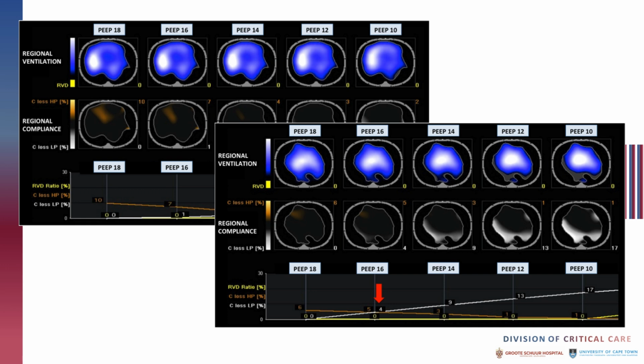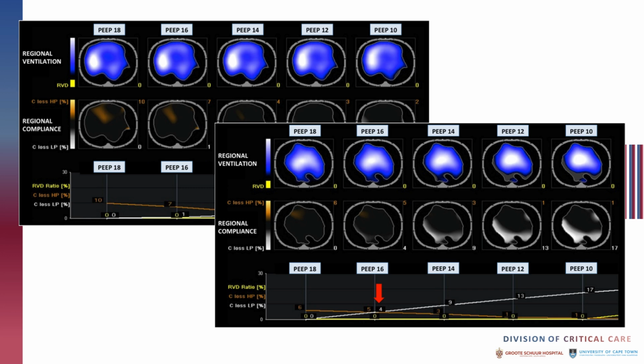And we've seen patients who have severe ARDS where we have to come down with the PEEP to 5 because any PEEP setting higher than that was associated with compliance loss. And the only way to tell what the optimal PEEP is, is to perform an EIT assessment on the patient using the EIT monitor.